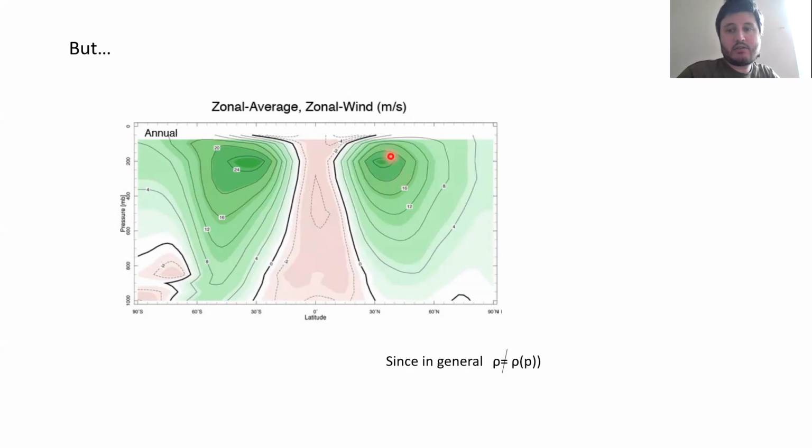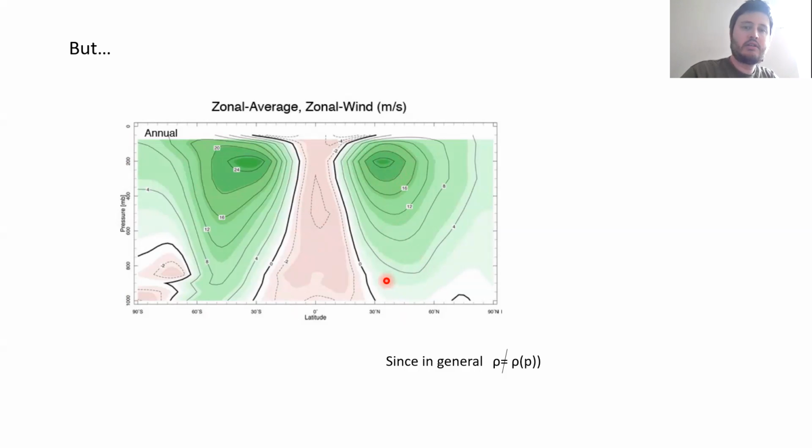And then at mid-latitudes, we indeed have these two strong jets. We see that the flow actually increases its speed with altitude. The flow velocity peaks at around 200 millibars, and then keeps decreasing as it gets close to the surface.